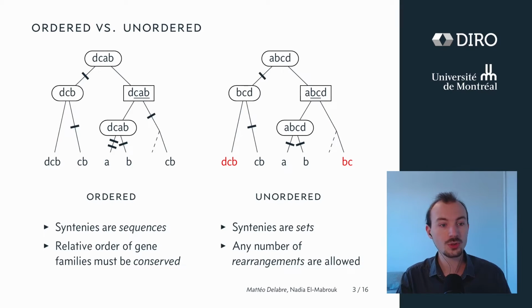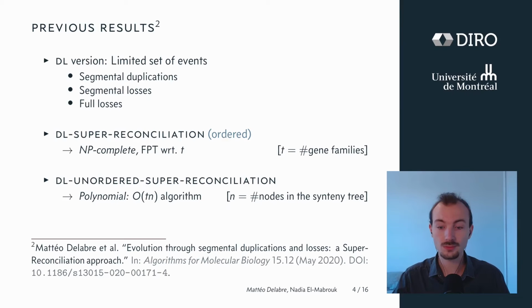The first version is the ordered superreconciliation problem. In this version, the synthenies are sequences, and the relative order of gene families must be conserved throughout evolution. In the unordered version on the right, synthenies are modeled as sets, and any number of rearrangements are allowed.